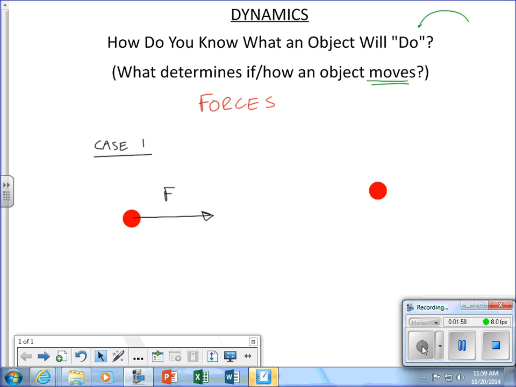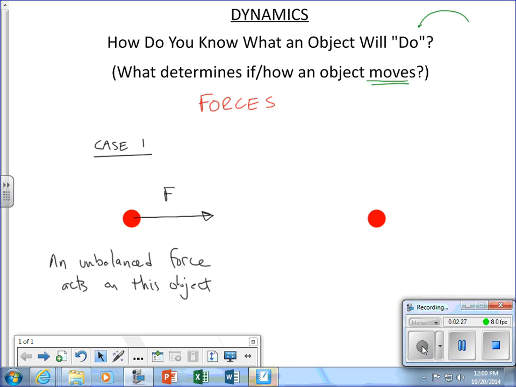Well, that object does something. You actually know this. We would say that in this case, an unbalanced force acts on this object. There's an unbalanced force to the right.